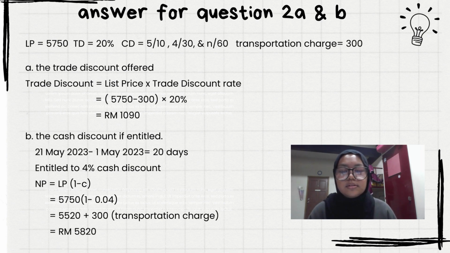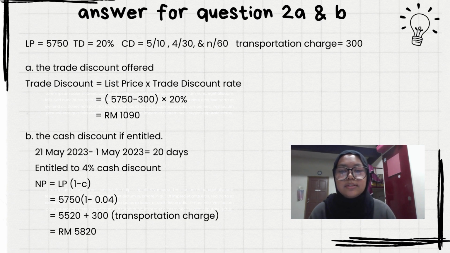Second question, the cash discount if entitled. First, we have to find out how many days to know if we are entitled to get the cash discount. So here, we have 20 days before the amount is paid. So we got 4% of cash discount.